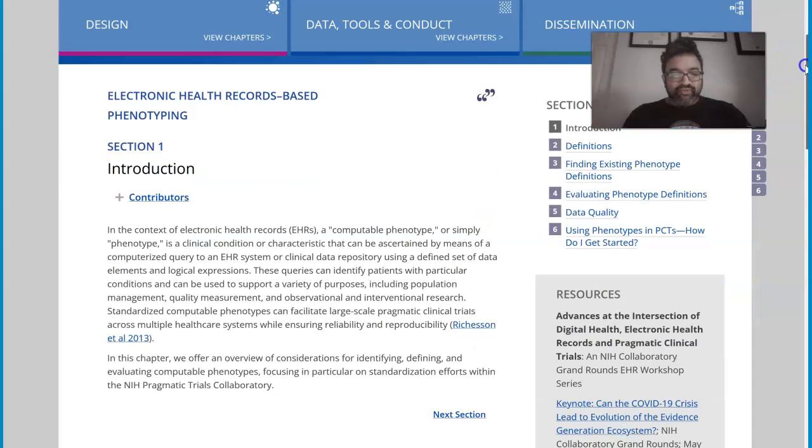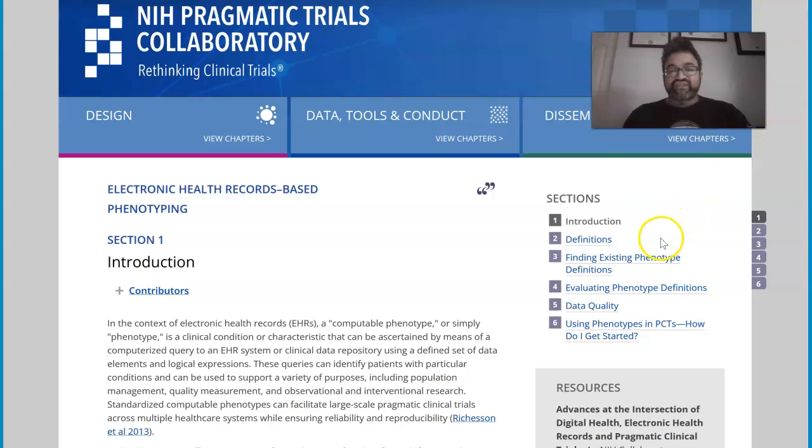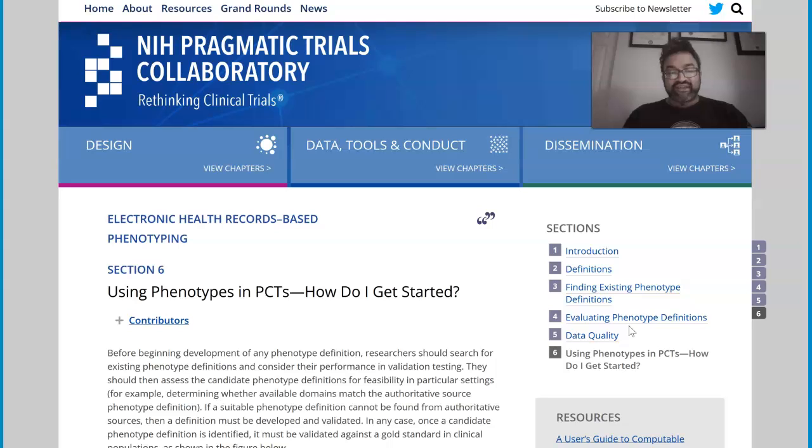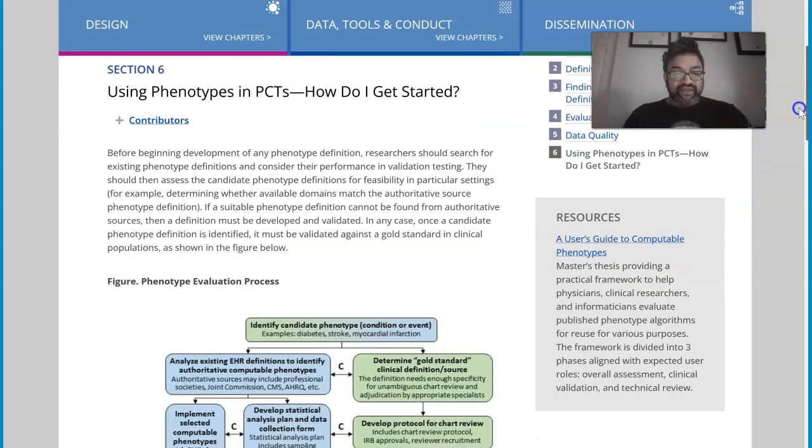Then you have a computable phenotype, which talks about the idea of phenotypes and using phenotypes in pragmatic clinical trials. The phenotype definition, of course, people should operationalize before they use, but in validation testing, this is really important.